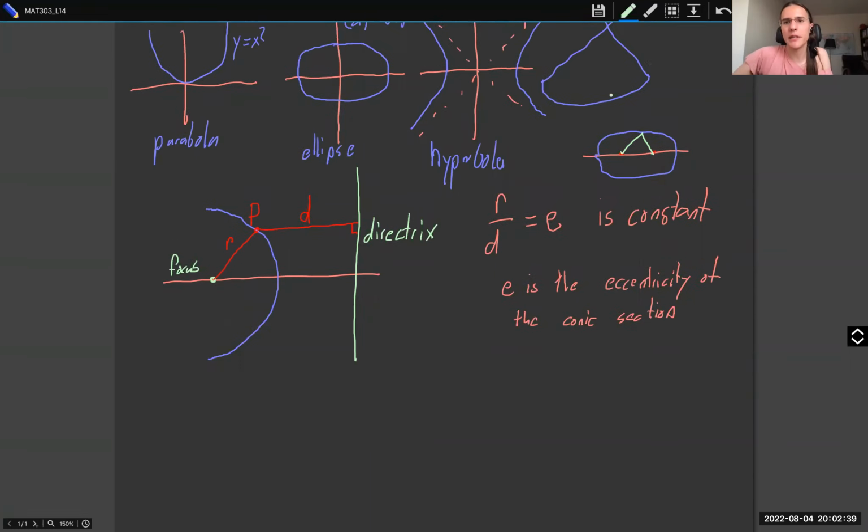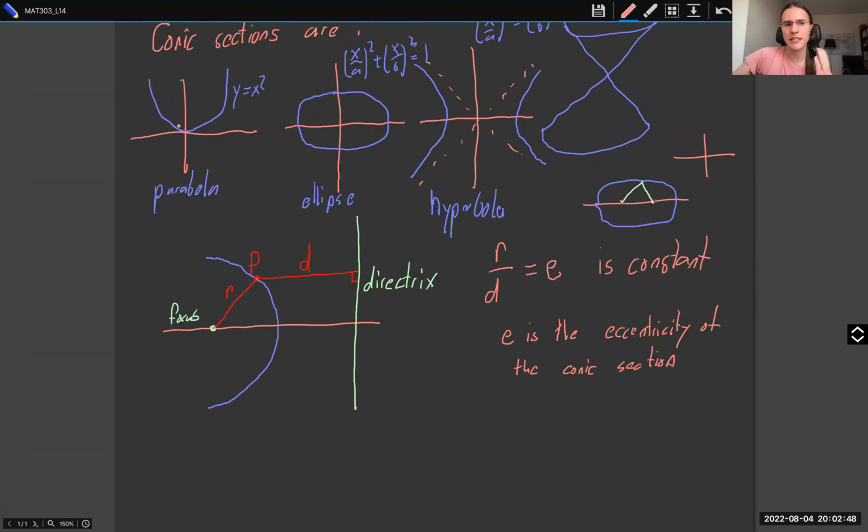In a hyperbola, the usual definition is slightly different. I think in a parabola, it's the directrix definition. That's the usual definition of a parabola. But in a hyperbola, you take the ratio of two quantities. So a hyperbola has a certain focus, and then it has the origin, which is a directrix.